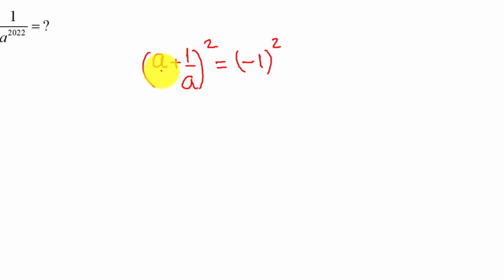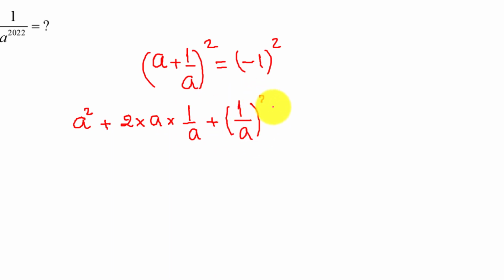We use the rule a plus b all squared equals a squared plus 2ab plus b squared. So I get a squared plus 2 multiplied by a and multiplied by 1 over a, plus 1 over a all squared equals 1.